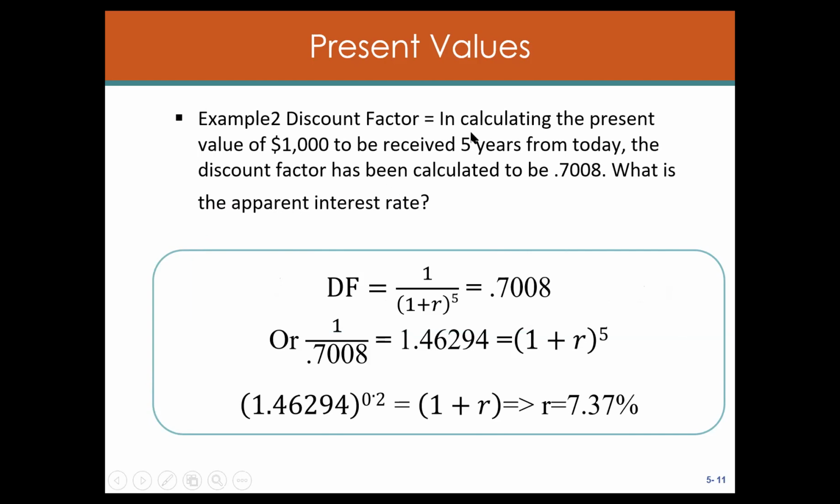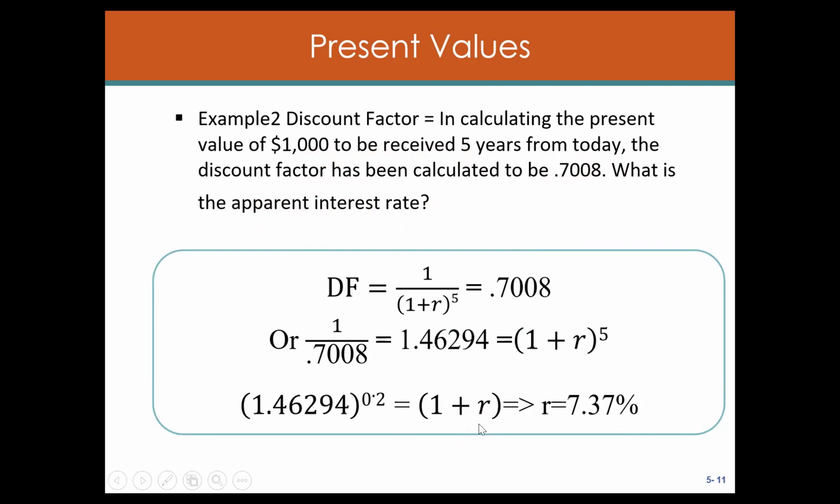Discount factor here. In calculating the present value of $1,000 to be received in 5 years from today, the discount factor has been calculated to be 0.7008. What is the apparent interest rate? So if the discount factor has been calculated as 1 divided by (1 plus r) to the power 5, which is 0.7008, you can easily find out the apparent interest rate.